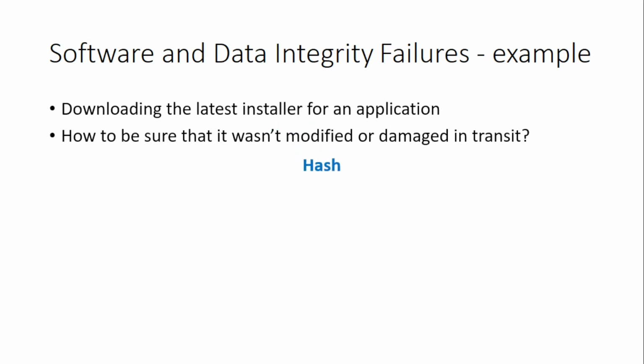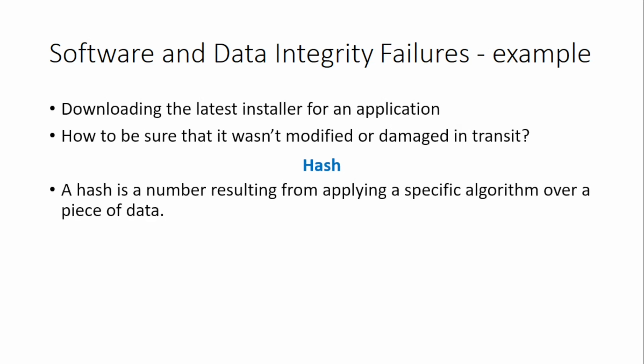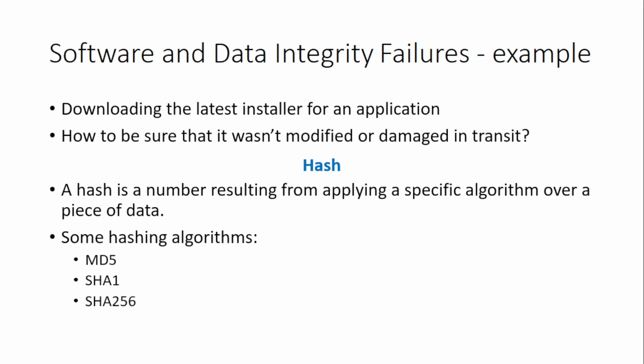We, generally speaking, use hashes. A hash is a number resulting from applying a specific algorithm, that we call a hash algorithm, over a piece of data. Some known hashing algorithms are, for example, MD5, SHA1, SHA256, and so on and so forth.